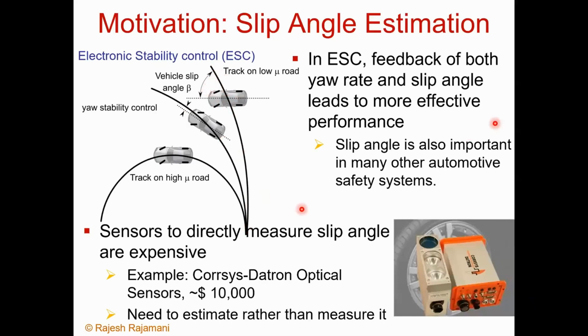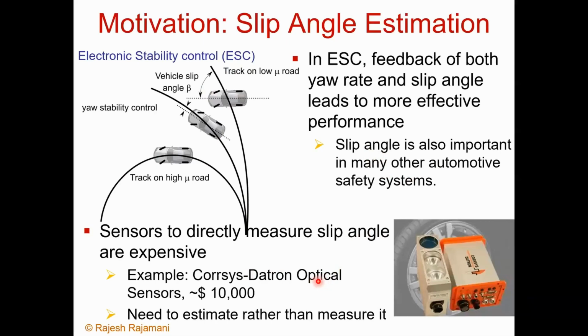Slip angle is also important in many other automotive safety systems. Electronic stability control is one of them, and it is also useful in some other systems as well. Now, it's not really possible to measure slip angle, especially to measure it well. Some sensors are available to measure slip angle, for example optical sensors.